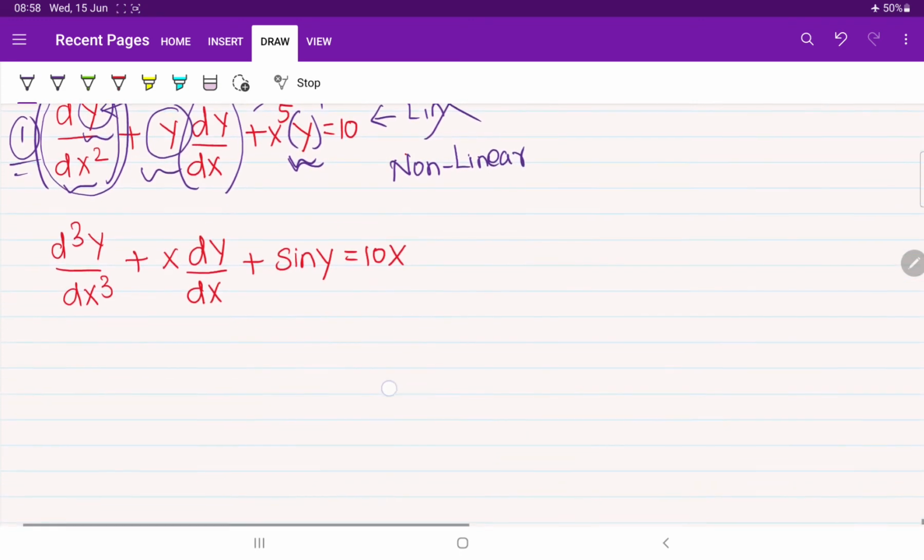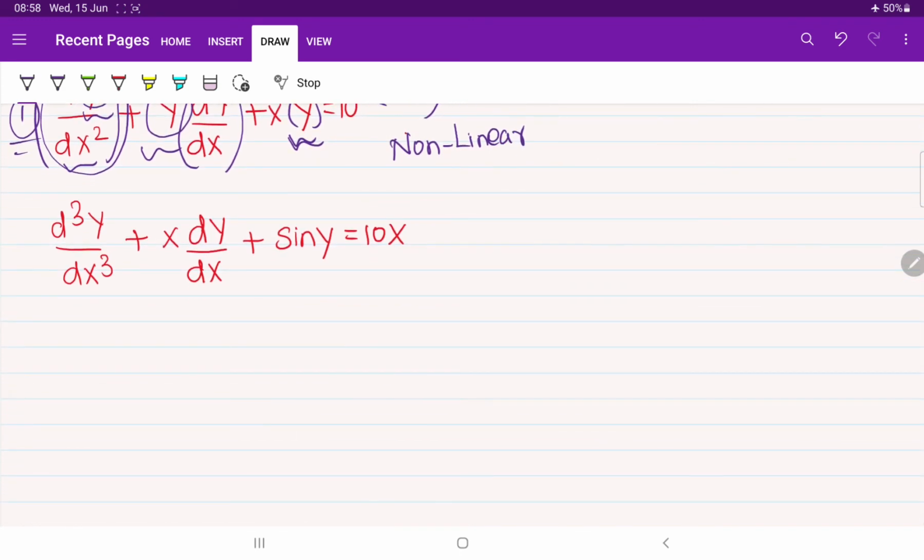Now if you observe the last one, what is the highest order? Highest order is 3. Now what is the degree of the differential equation? Here we are having 1. After that, observe the second one. Here also we are having 1 only. After that, since we are differentiating y with respect to other variables, cross check whether y is existing in any form in front of the differentiation. No sir, here it is not existing.